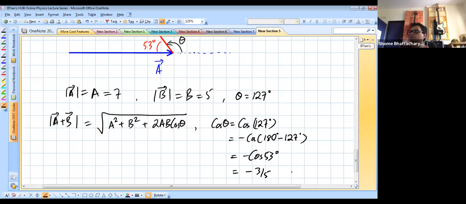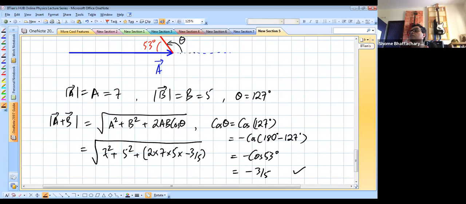So that is what we will substitute this as. So this becomes root of 7 square plus 5 square plus now 2 into 7 into 5 into minus 3 by 5. This is what we do.